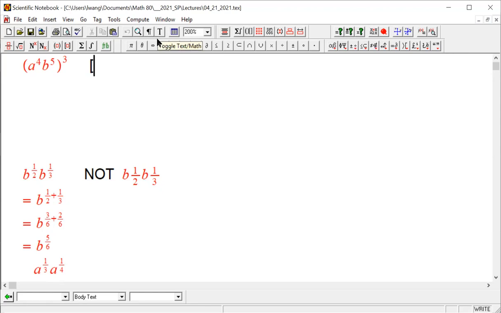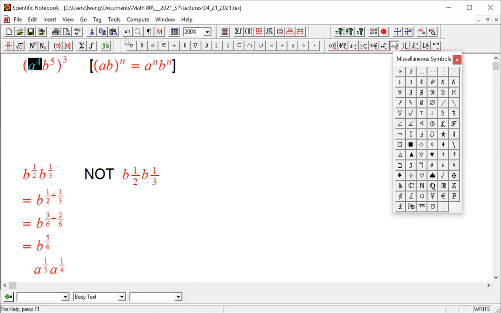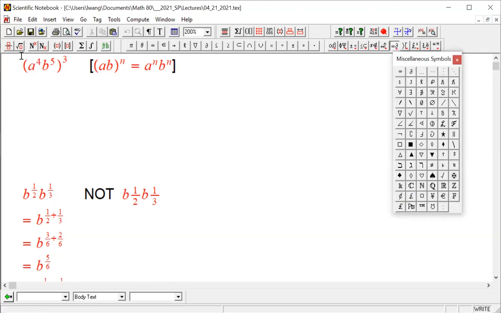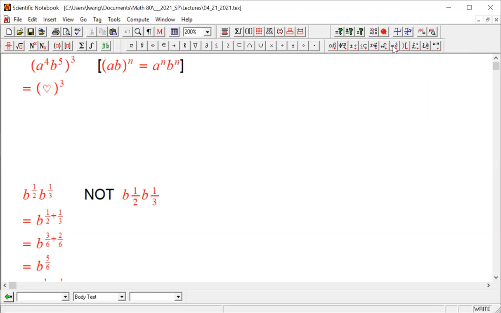So the first property we use is going to be that one. Well, you have a power here, so you can treat this like this. Let me just show you the symbolic. You don't have to show it explicitly. What you really see is that you have this to the power 3, and inside you have a heart multiplied by a spade.